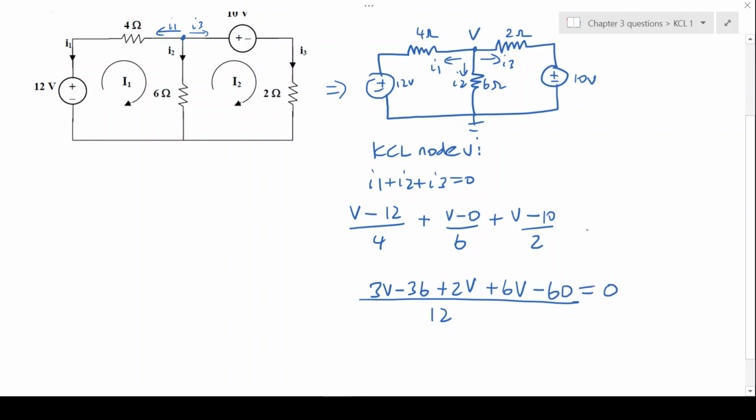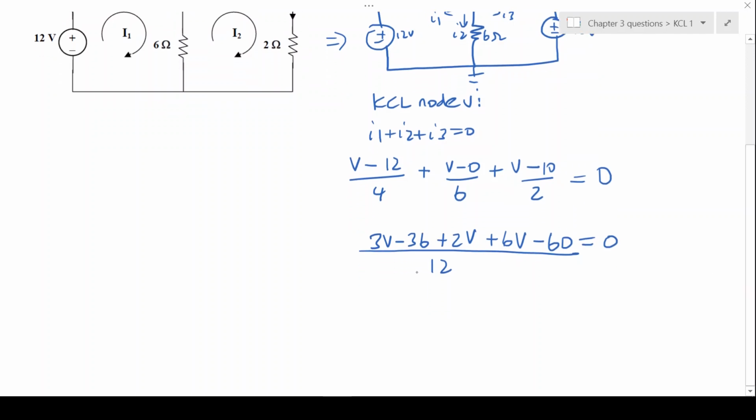That gives us 0. If we simplify this, we've got 3V plus 2V plus 6V, that's 11V.